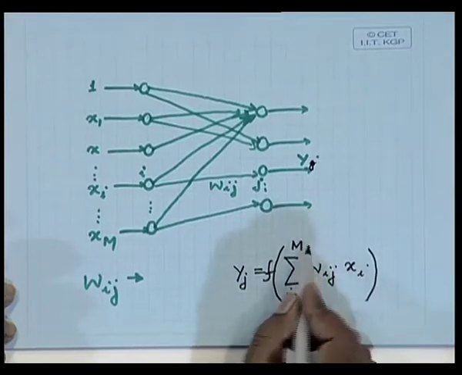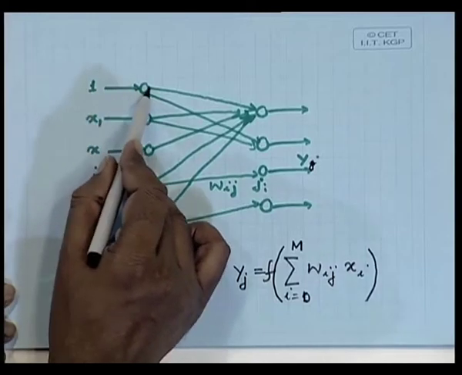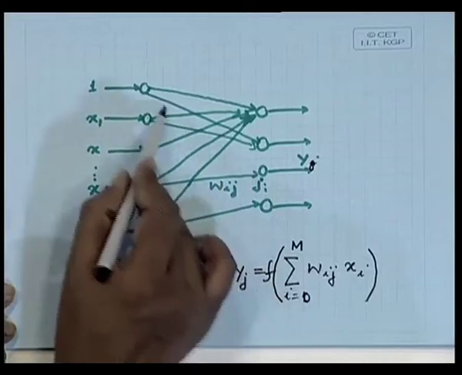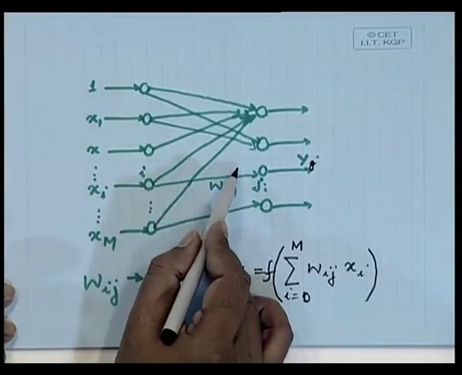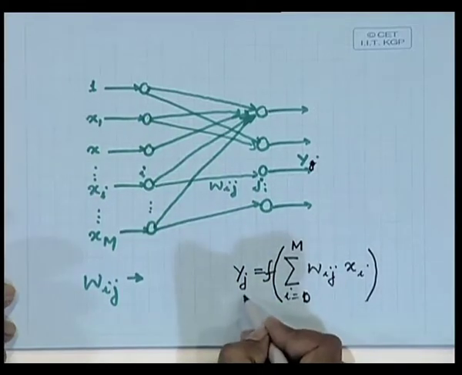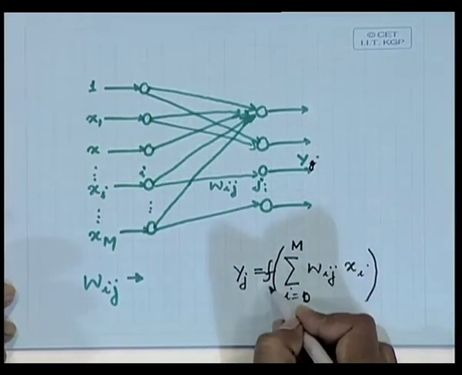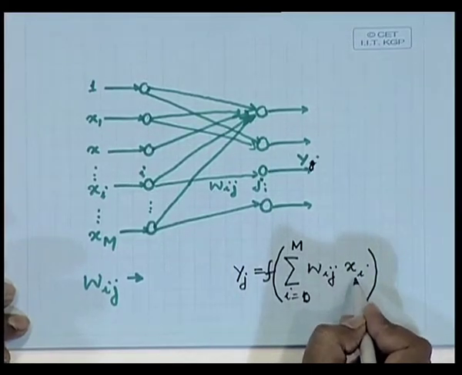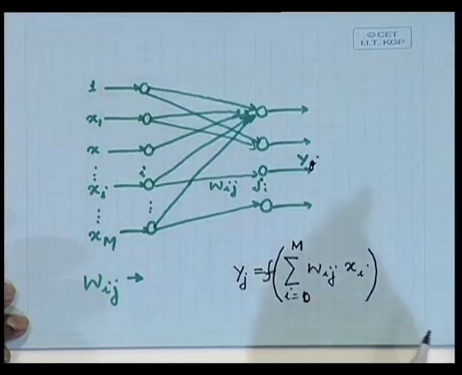So, W0j corresponds to the bias weight. So, Yj is a nonlinear function of the sum of Wij into x i, where i varies from 0 to capital M.